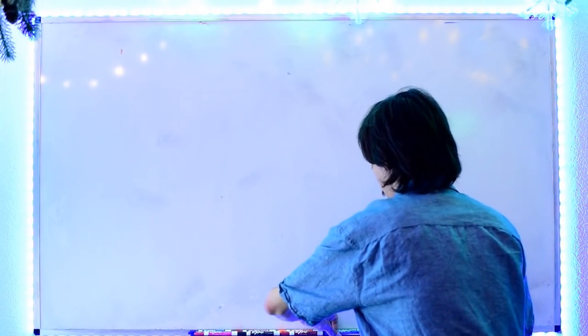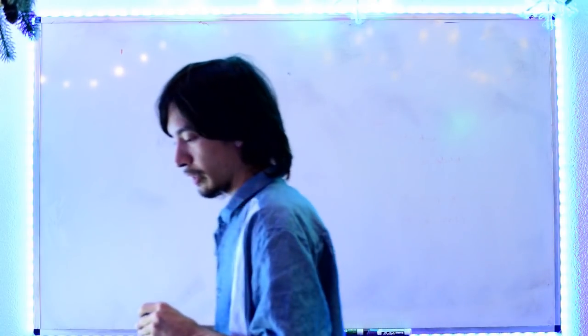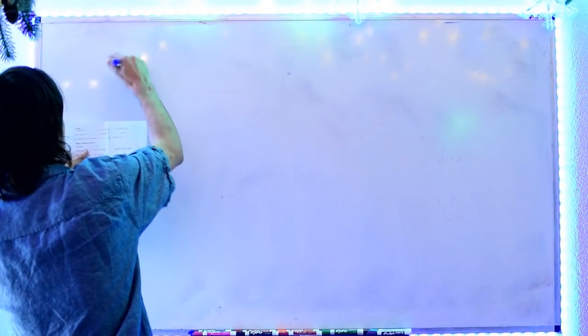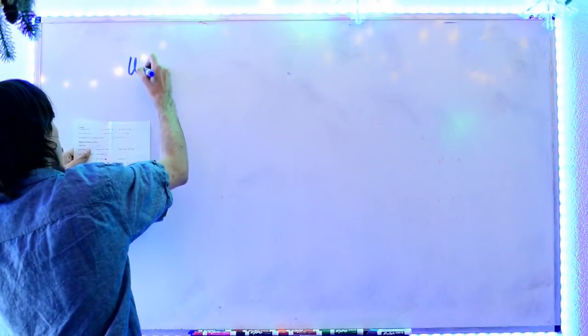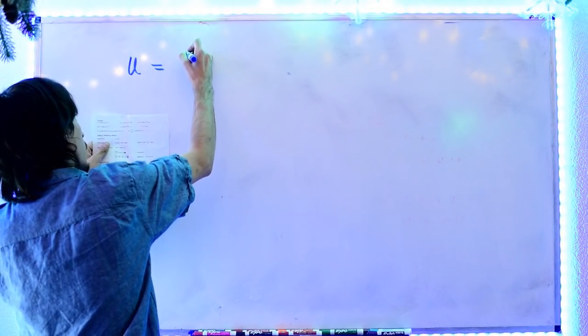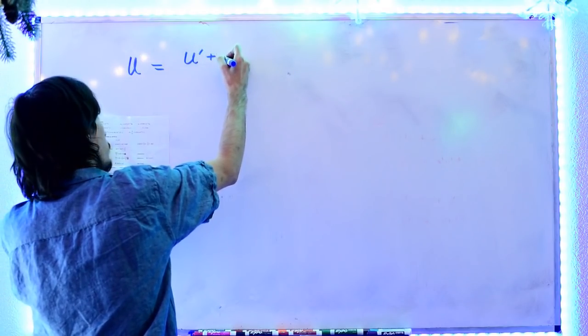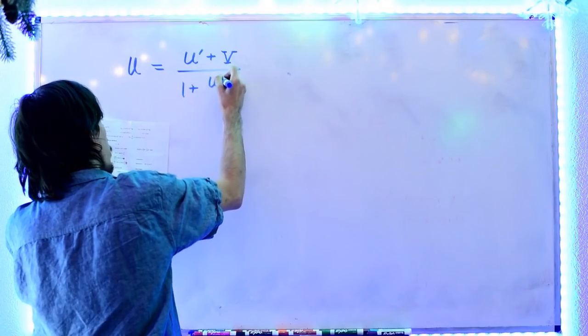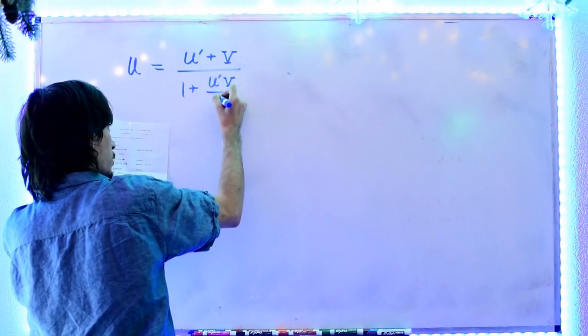So there is a relative addition of velocities equation, which is actually on the formula sheet, specifically written this way. U equals U prime plus V over 1 plus U prime times V over C squared.